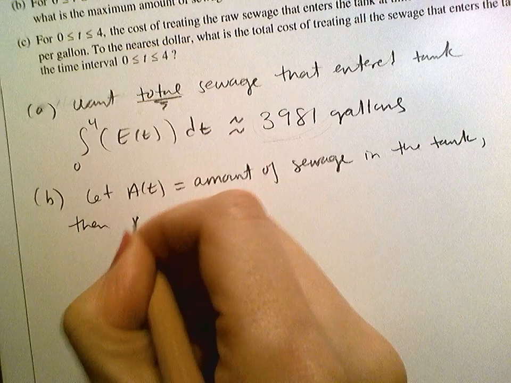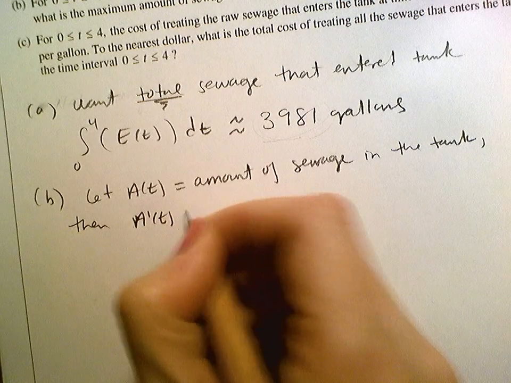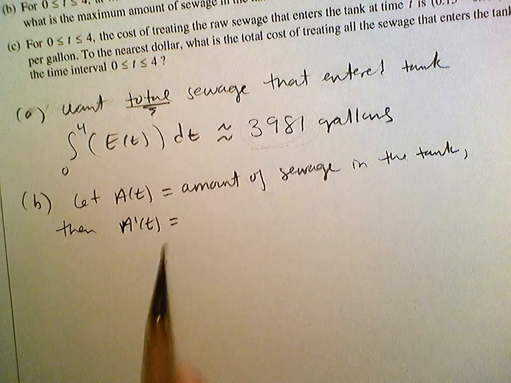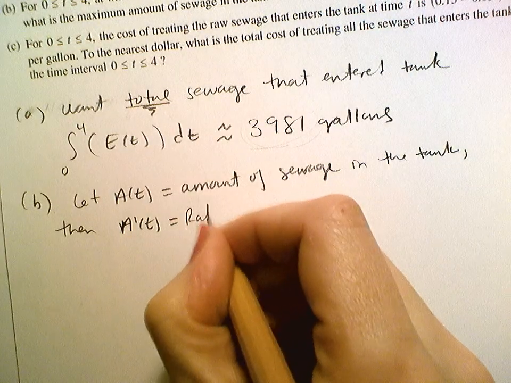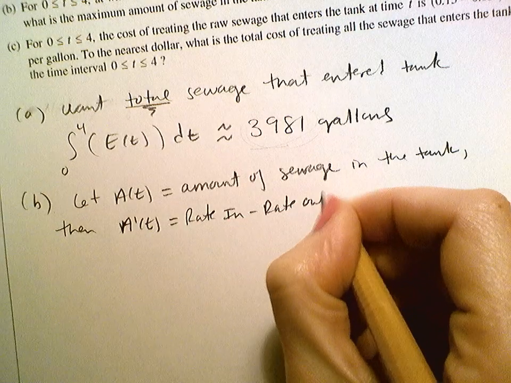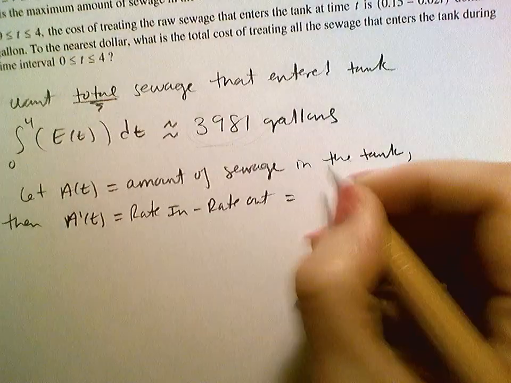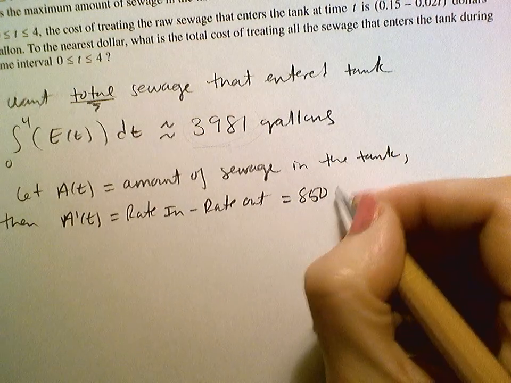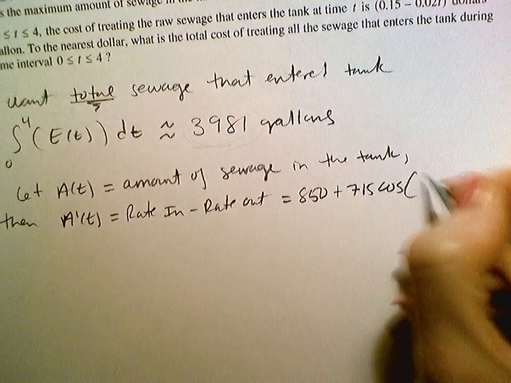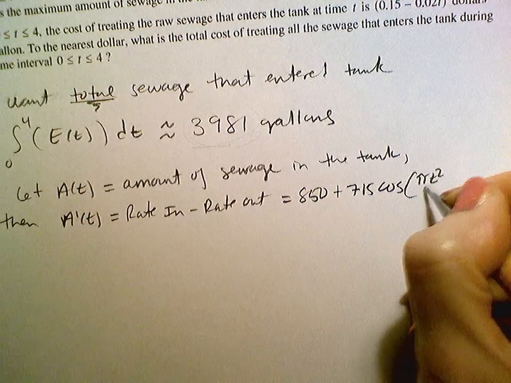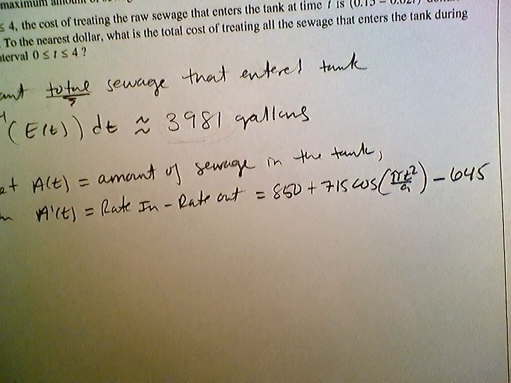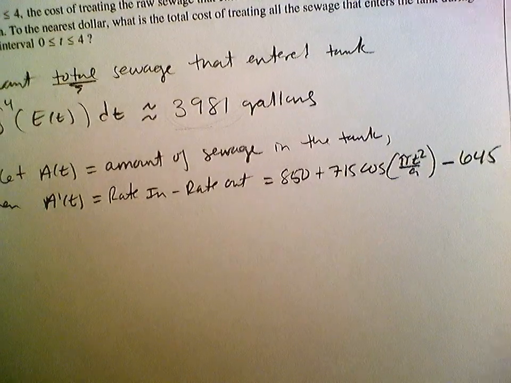Then A prime of t is the rate of change in the amount of sewage in the tank. It's going to be rate in minus rate out, which is equal to 850 minus, okay, so that's the rate of change there.